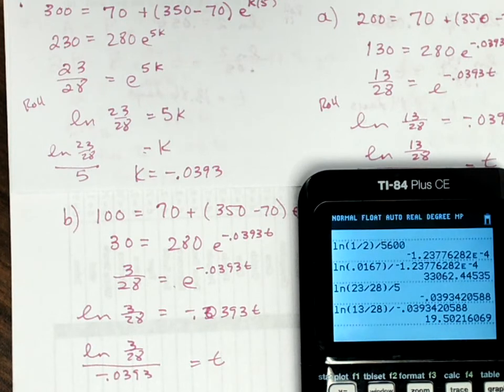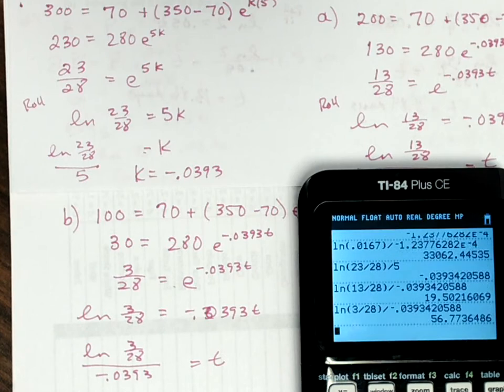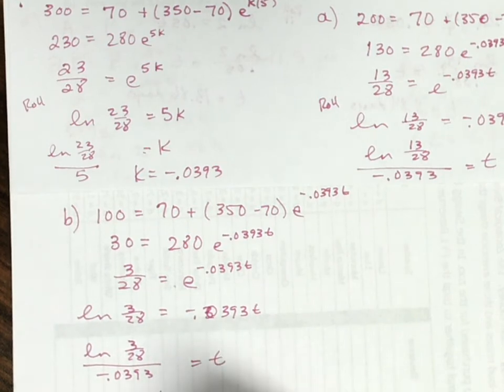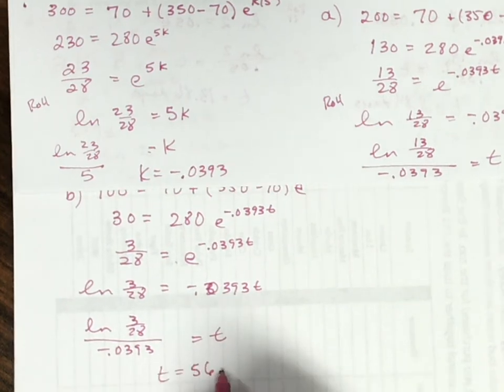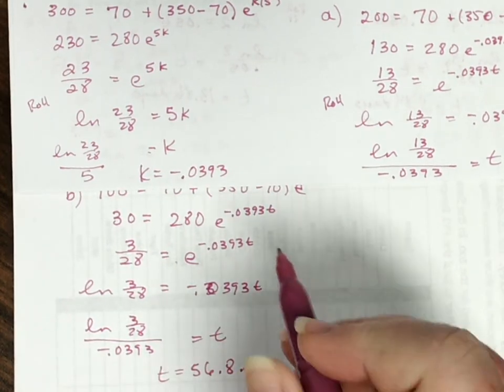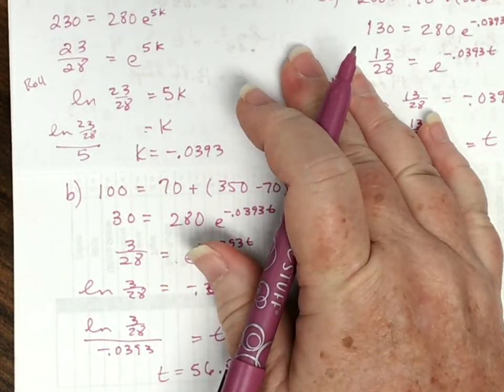The natural log of 3 divided by 28, I had typed in 2. Divided by, go up and capture, I knew the answer was wrong, 56.8 minutes. So it's going to take almost an hour. The time is going to be 56.8 minutes to get it to 100 degrees.